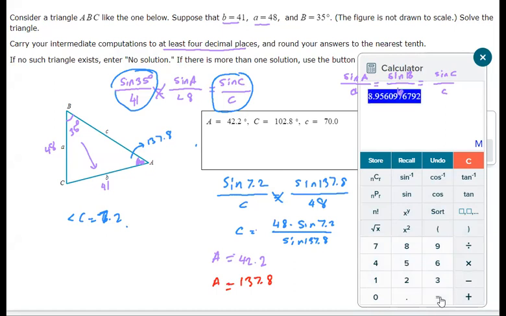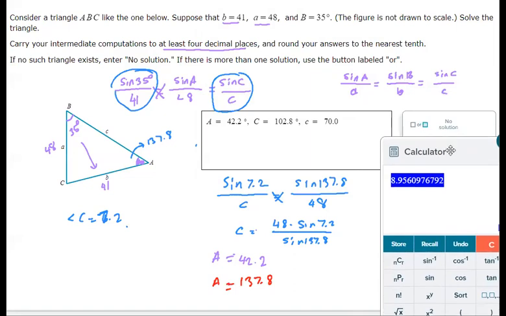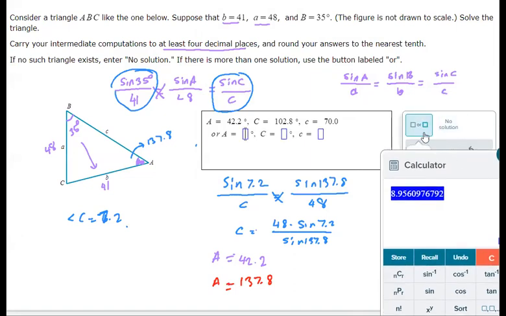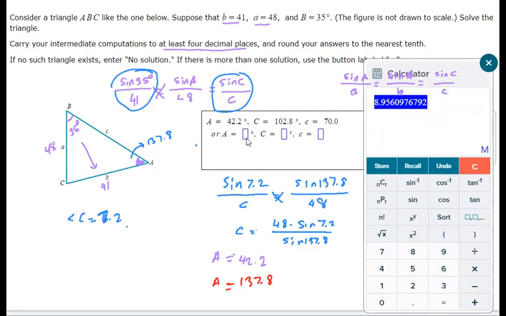So that is my side C. So let's go ahead and try them as our second solution. So we got the angle A 137.8, and then angle C 7.2, and then side C 9.0. So I hope that makes sense.